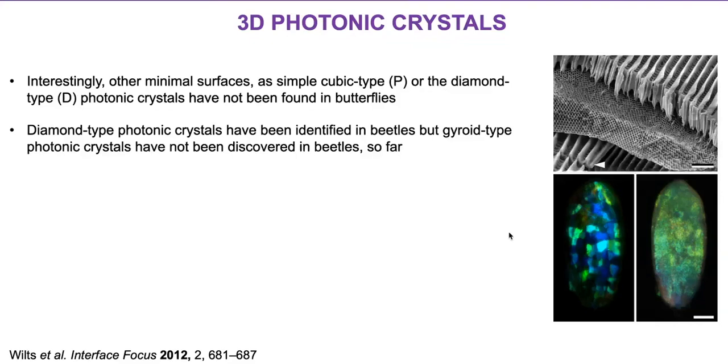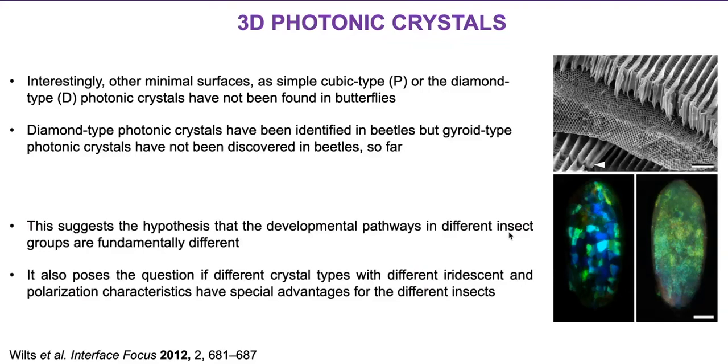There is something to do with evolution, and maybe there are structures which have not been identified yet, but it's very interesting for those who study evolution and the color and its significance. It can also be that, for example, creating a gyroid-like structure requires much more energy or much more efficient construction of the structures, whereas beetles may not be able to construct them in the same way as, for example, butterflies.